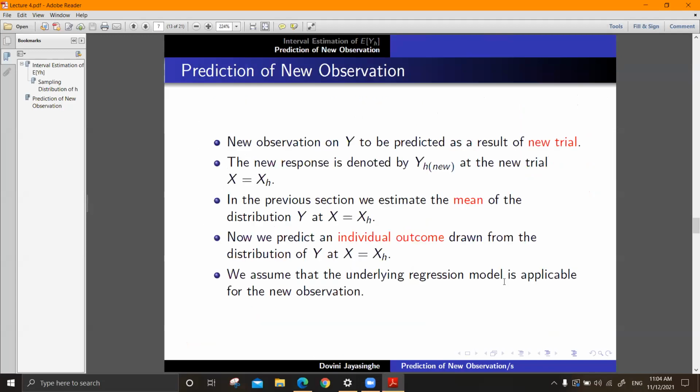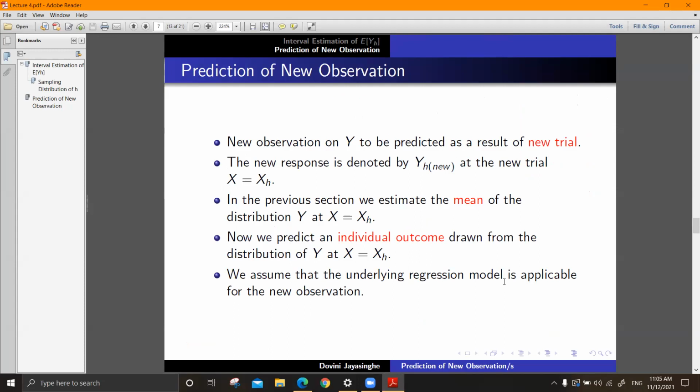Next one, prediction of a new observation. A new observation on Y to be predicted as a result of a new trial. When you do something new, you are not taking things out of the sample now. By making use of the sample, you constructed the regression line. Now you're getting a new observation, a new trial.